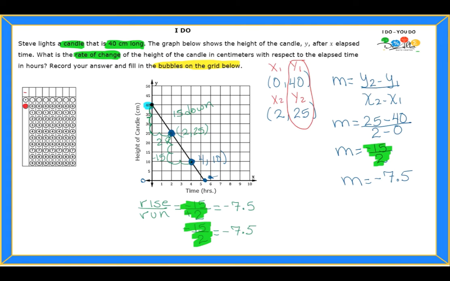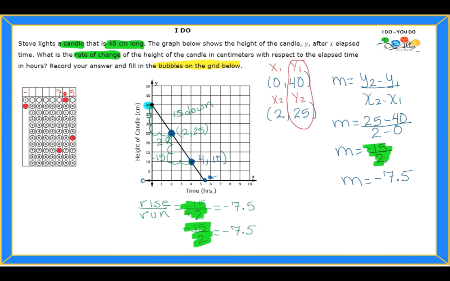Notice how 7, point, make sure that there is a box for the decimal. Don't just put 7 and a 5, okay? So I'm going to bubble in the 7. And please don't say, Miss, can I just skip that one? No, you need to bubble the decimal as well. And then the next number will be a 5. So that's how my answer should look.